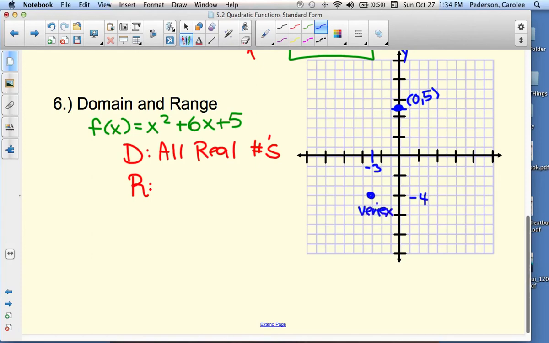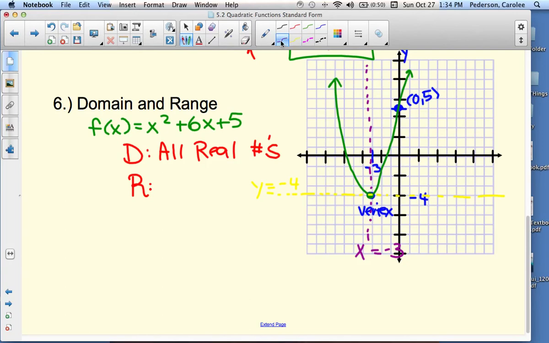And then we knew that our shape of our graph opened up. So this is my minimum. It's going to go up here. It's going to go up there. I had that line of symmetry going through at x equals negative 3. So if I ask you for the range, that's your y values. If I cut across here horizontally at y equals negative 4, anything above that yellow line exists for its range.